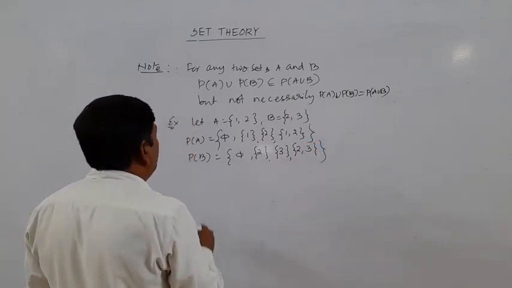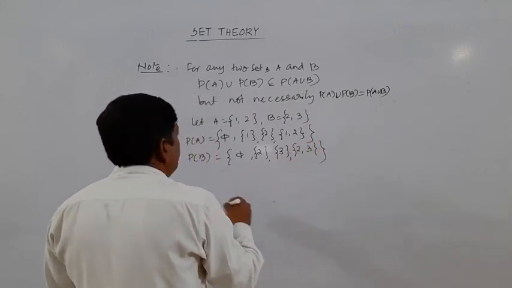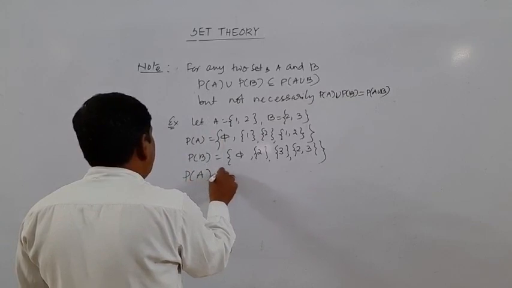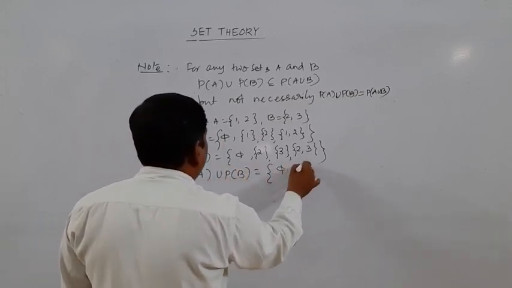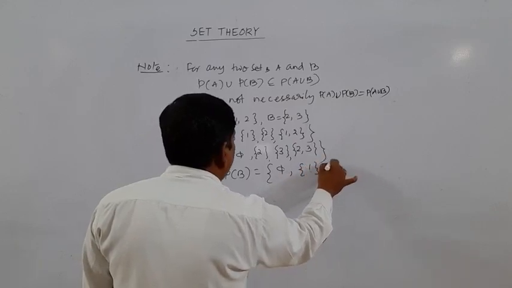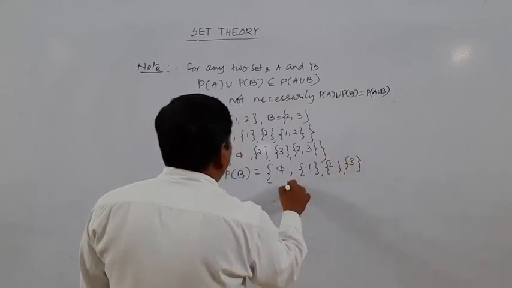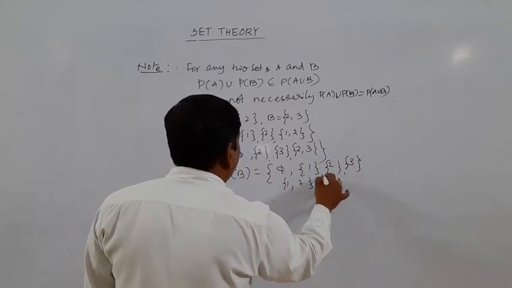Now P of A union B: what is A union B here? P of A union P of B is equal to what? {∅, {1}, {2}, {3}, {1, 2}, {2, 3}}.